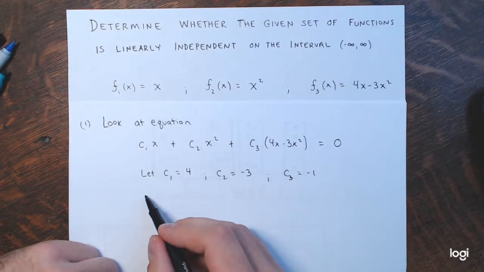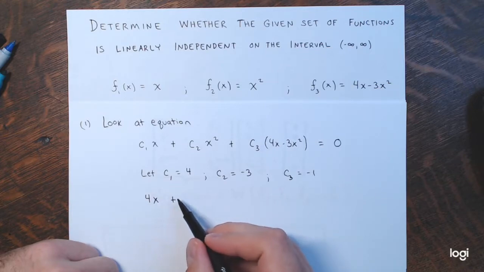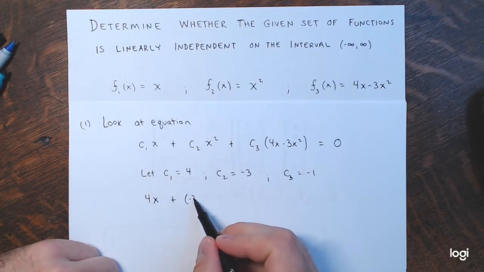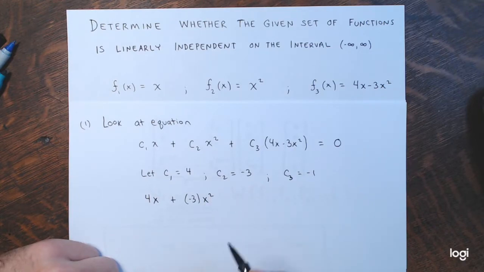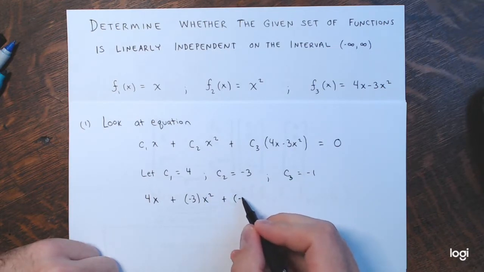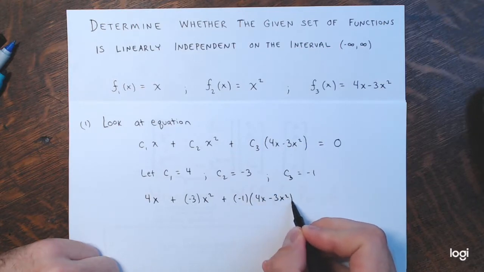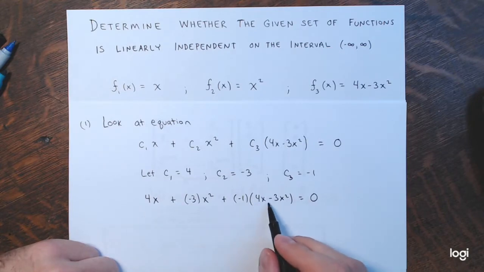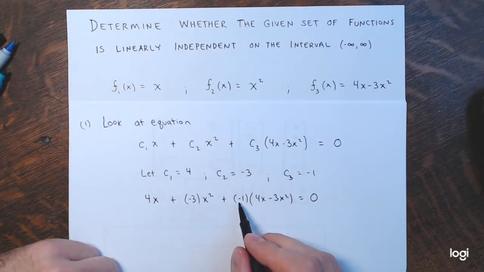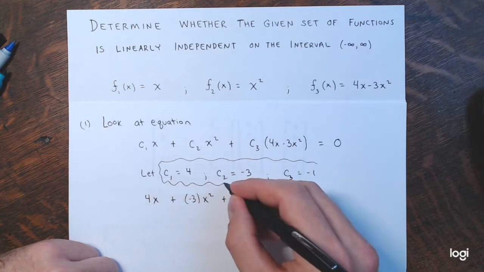So look, you got 4 times function 1 plus negative 3 times function 2, and then plus negative 1 times function 3, you'll see is indeed equal to 0. You have 4x minus 4x, negative 3x squared plus 3x squared. So this here is definitely a non-trivial solution.